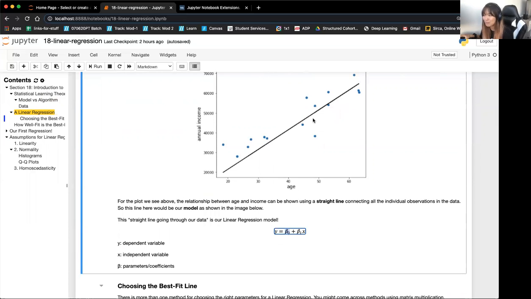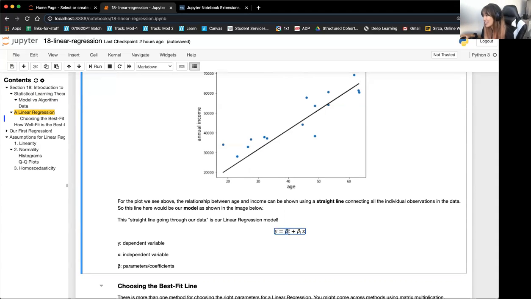This first beta 0, the one without the x, is the intercept. And this other beta is the slope of your line. So every linear regression looks like this. It's called a linear regression because this is actually a linear equation.